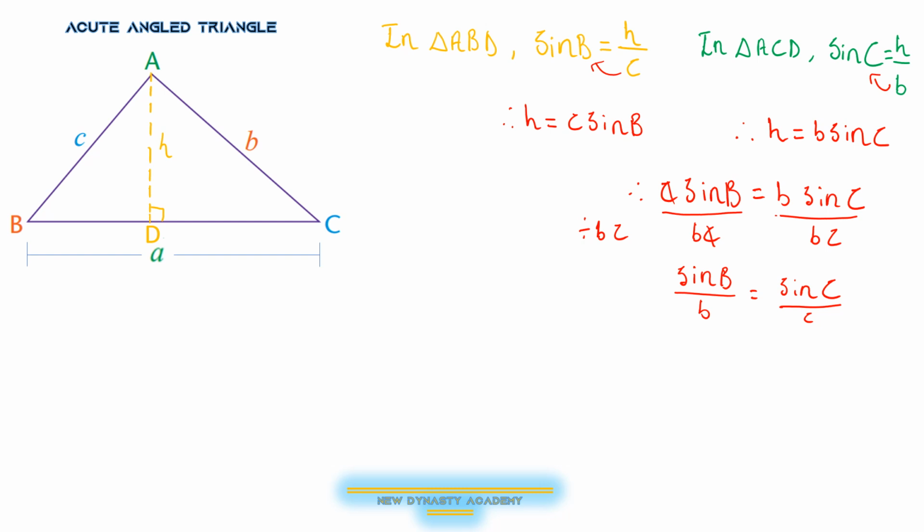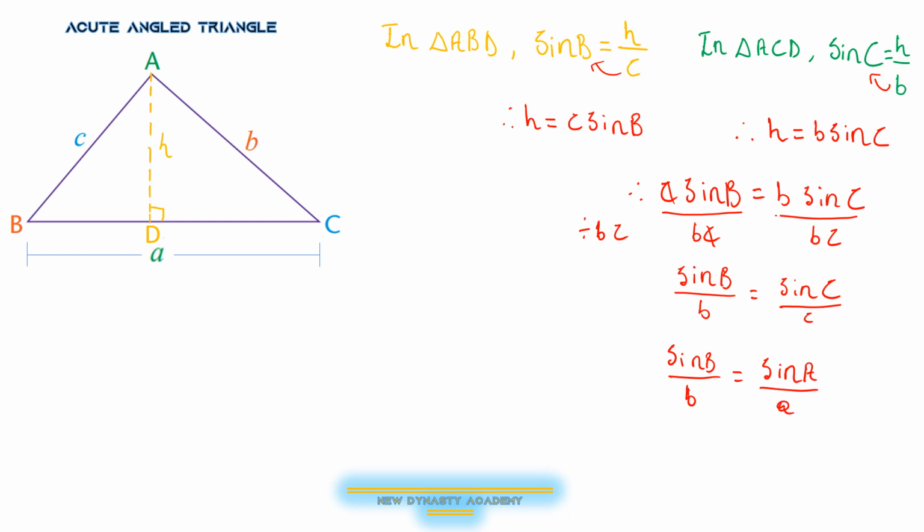We can just say similarly, by constructing the line perpendicular to, let's say, AB from the vertex C, we can follow the very same steps and also prove that sine B over b is equal to sine A over a.